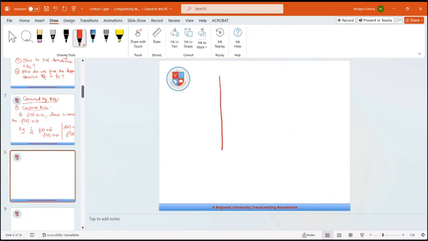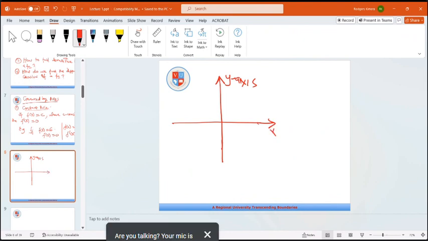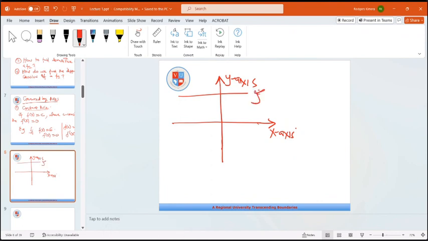Consider this graph where this is the y-axis and this one is the x-axis. Now, once I draw this line, maybe this is a line y equals 5, y equals 6.